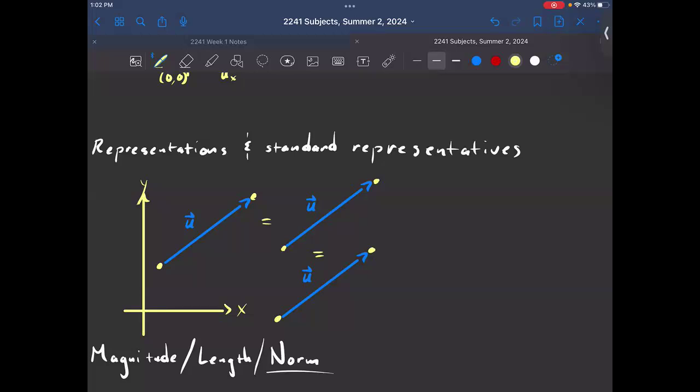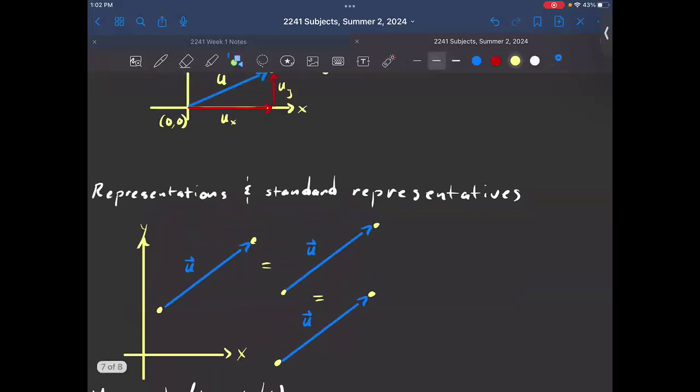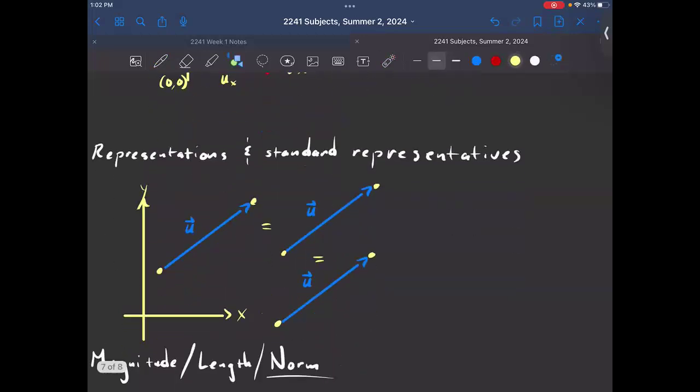Now, the standard representative, because we don't want to have to deal with where does the vector start, or what are my starting and ending points? To do algebra, it is a lot easier to just set the origin as our starting point, like we did up here, and let me copy paste that again. Okay.